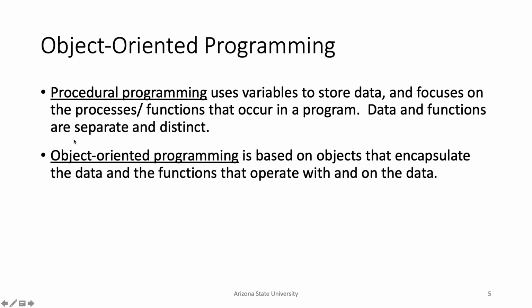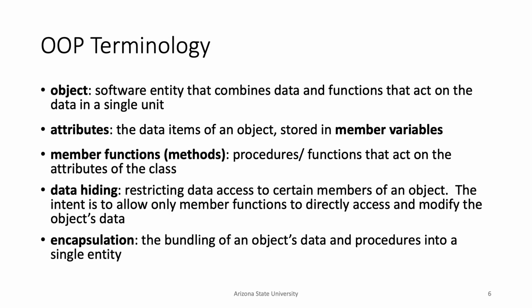But another method of thinking is that we work with these abstract data types, or objects, same terminology. These objects hold data and we interface with them directly. So the object is not procedural. We're not starting at the top of something and working our way down. We're working with data one at a time or multiple at a time.